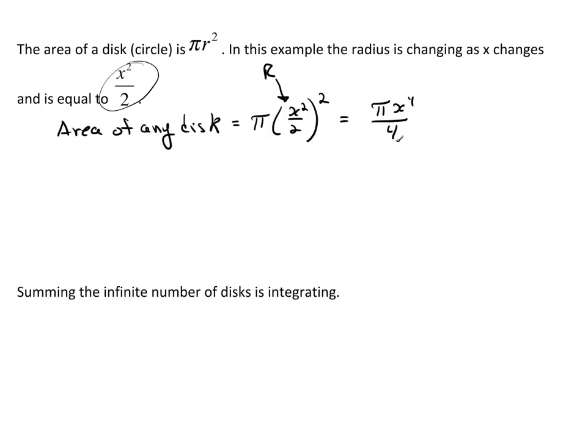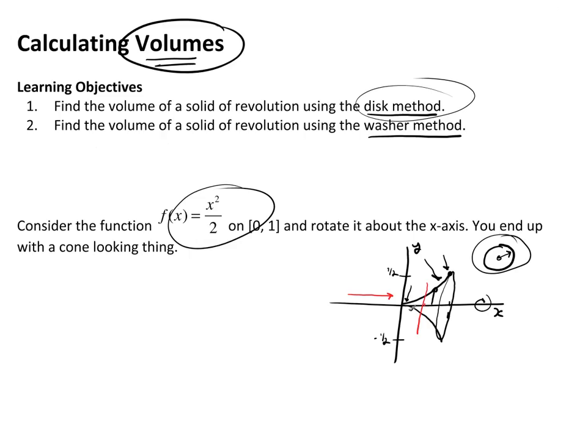Now, if I sum up all those disks, that infinite number of disks, that's the same as integration. So the volume is going to be equal to pi, I'm going to pull this 4 out, pi over 4 times the integral. In this case, along the x-axis, I'm going from the origin out to 1.